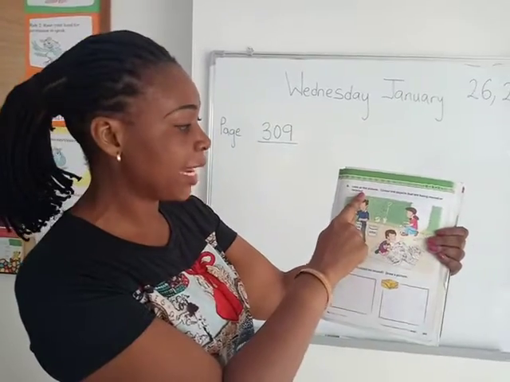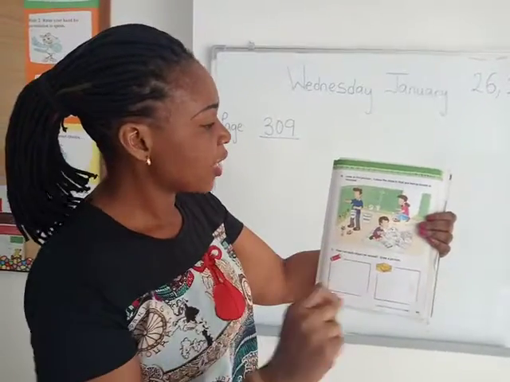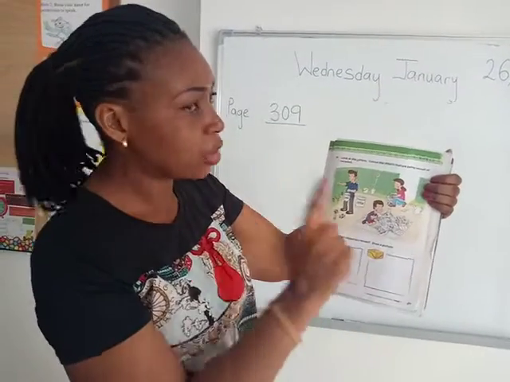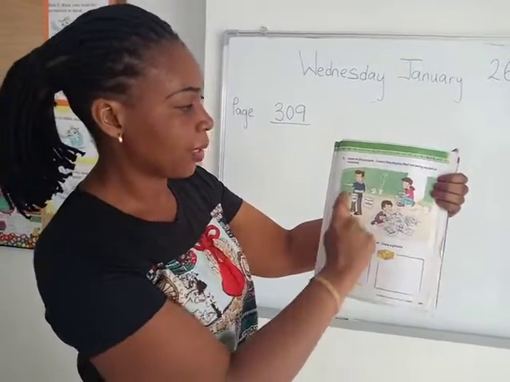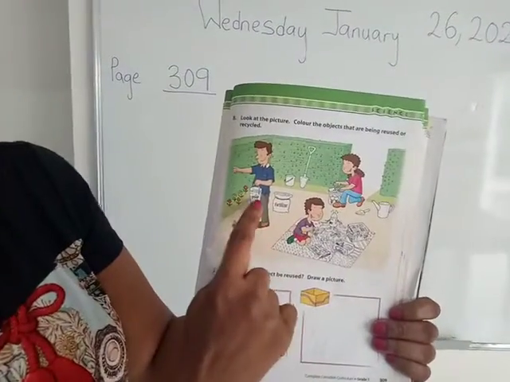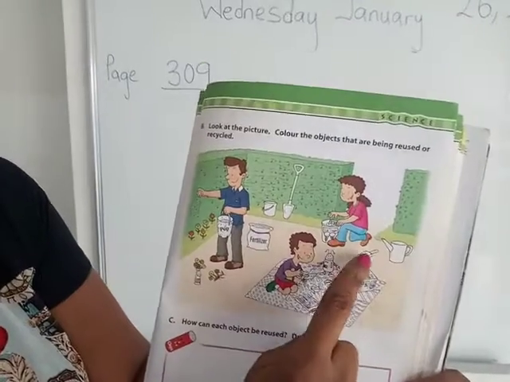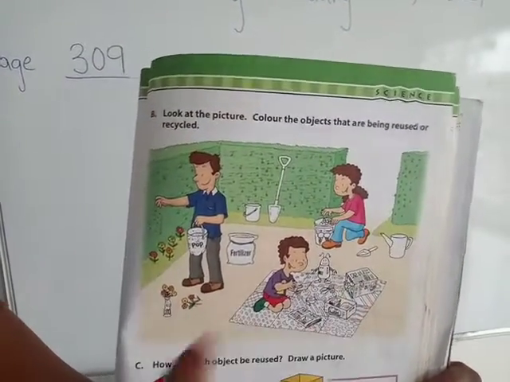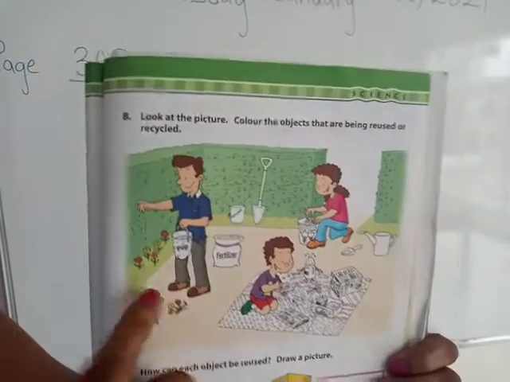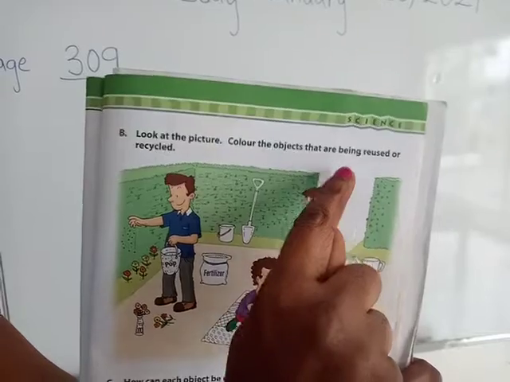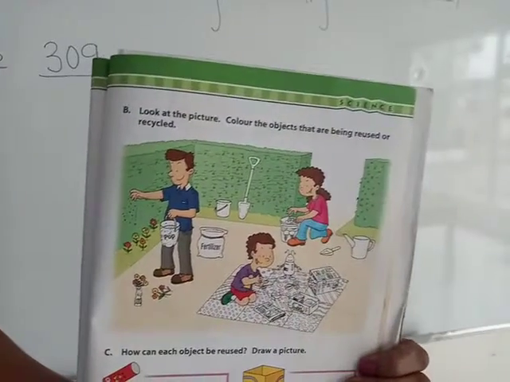What you need to do is get your crayon or colored pencil and look at this picture properly. Look at all the objects you see in white and black. Now look at those objects properly and color the objects that are being reused or recycled.